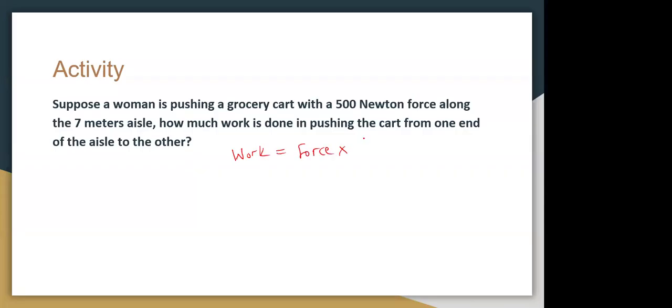So we're supposed to multiply the force, which is 500 newtons, times the distance, which is 7 meters, which gives us 3,500 Newton meters, or joules. Okay, which is good. That is what I expect members to have, because in the question they have given you the force, which is 500, and they have given you the distance this particular lady is going to move.